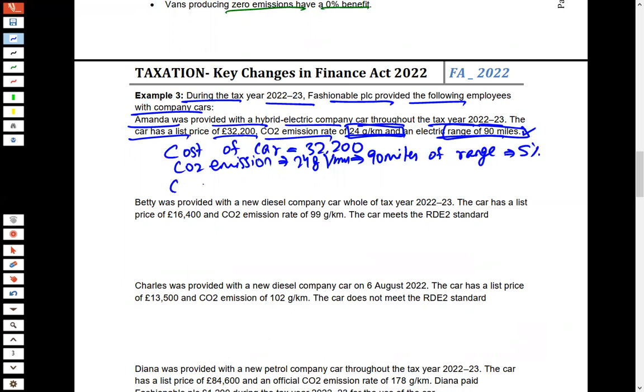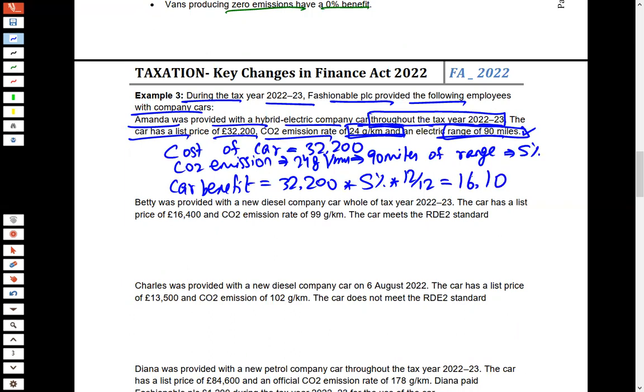So the car benefit would be 32,200 multiplied by 5%. Do I need to month apportion it? There is no need to month apportion because it is throughout the tax year. So I need to calculate the benefit for the whole year. This works out to be 1,610.